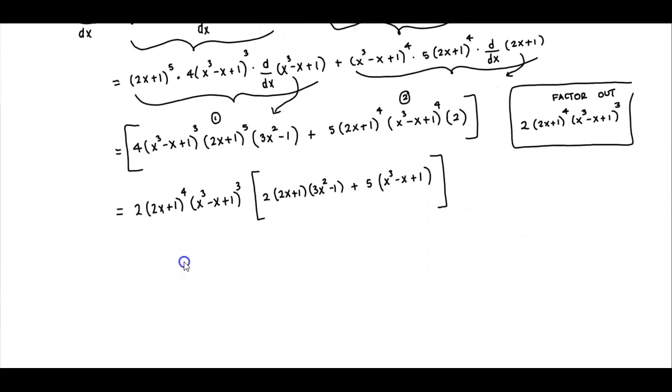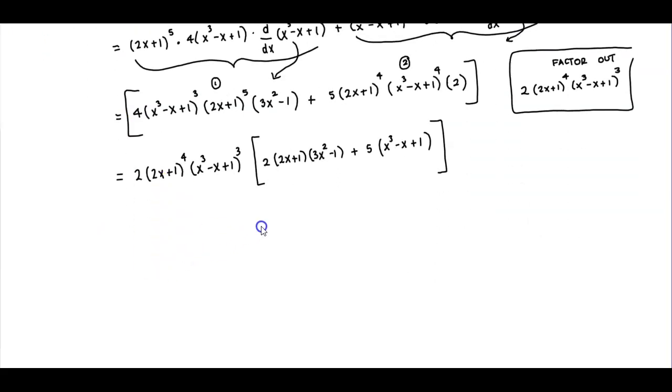So now we're just going to have to simplify this. We have to distribute the 2, distribute the 5, and then combine like terms. If we go a little further, we have 2 times (2x + 1) to the 4th times (x cubed - x + 1) to the 3rd power.